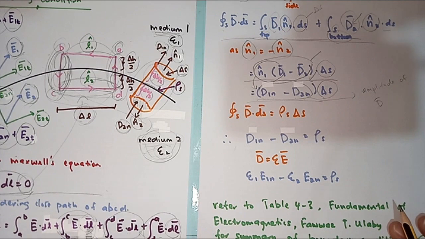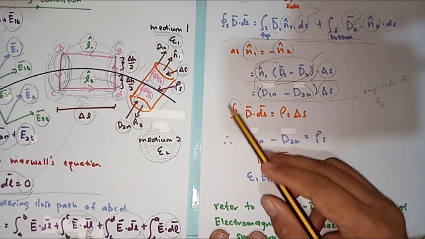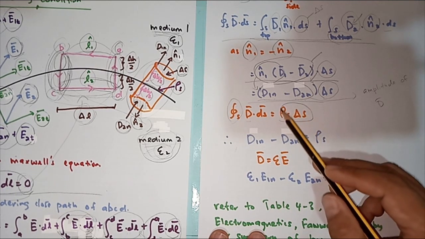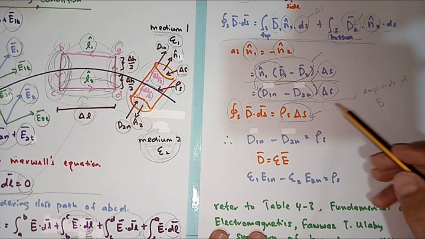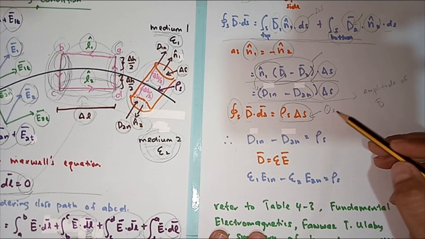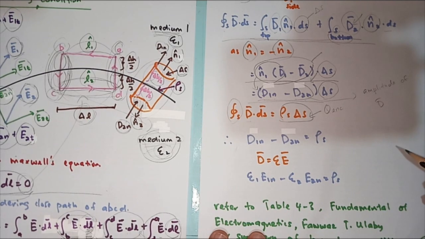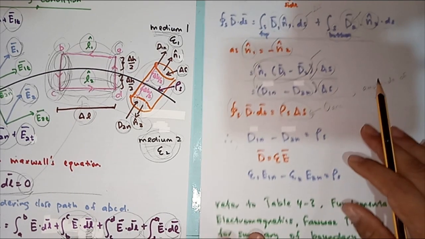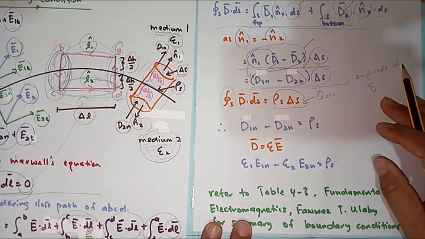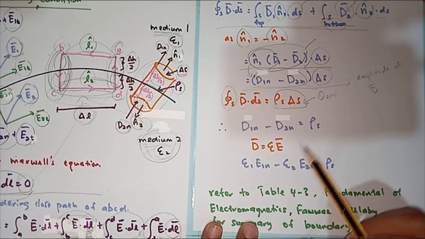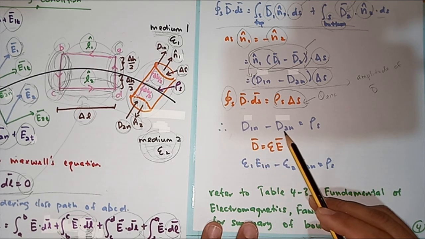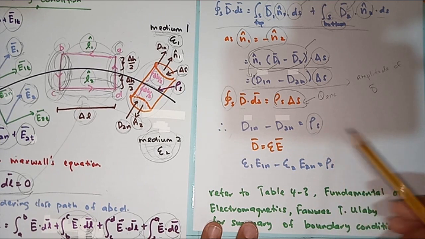At the same time, the closed surface integration for dS is equal to this expression, whereas this is what we have solved just now in terms of the charge enclosed. Therefore, the solution for the Gauss law expression that we just performed is D1n minus D2n equal to rho s.